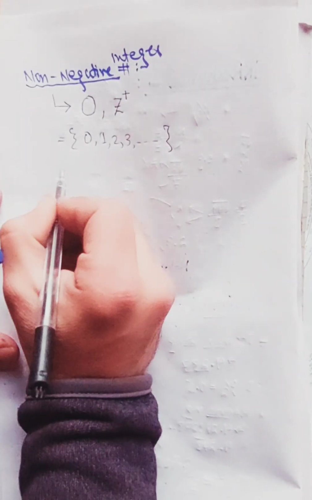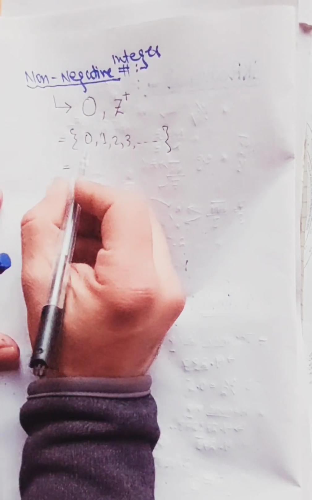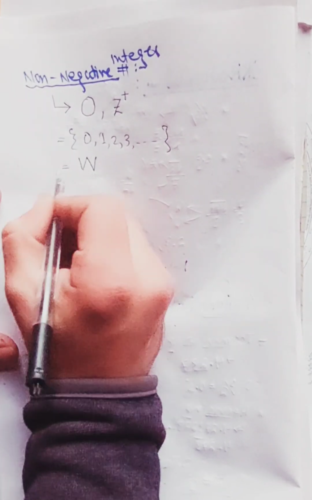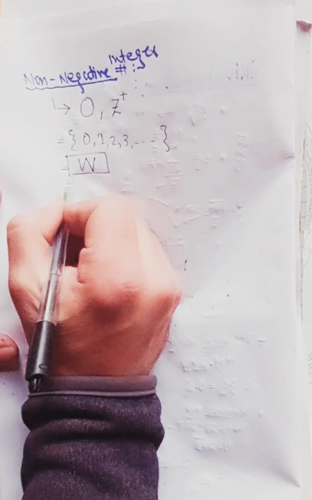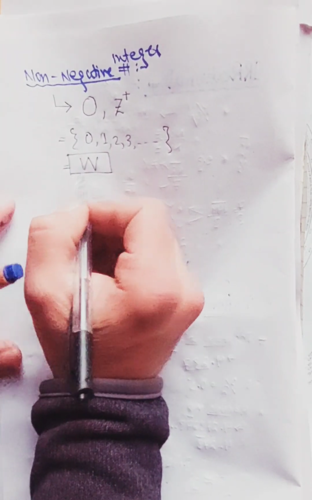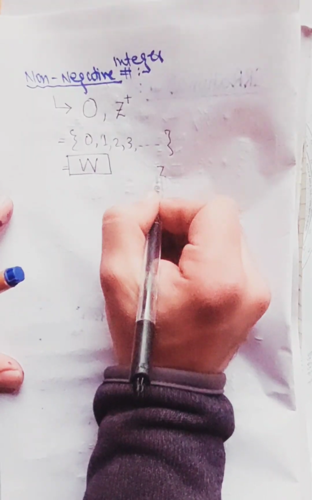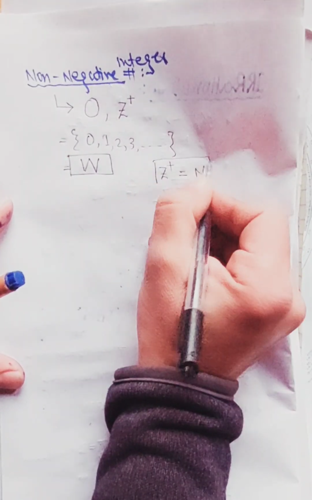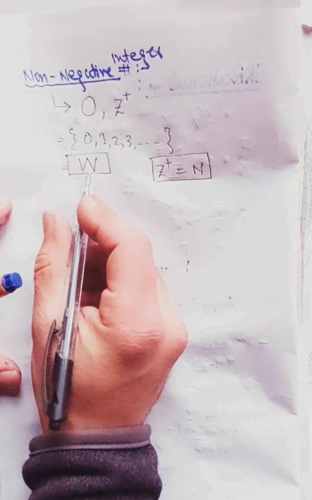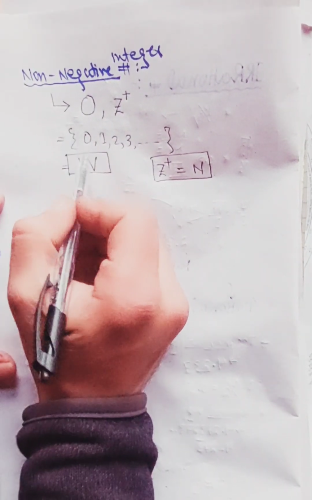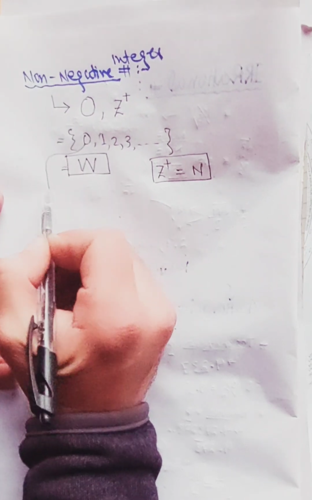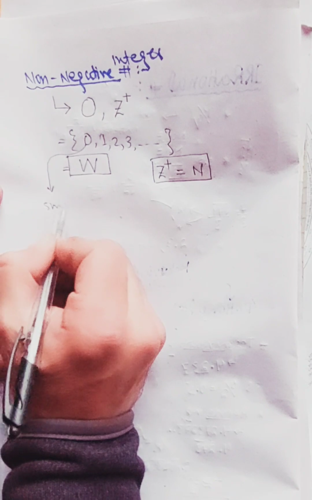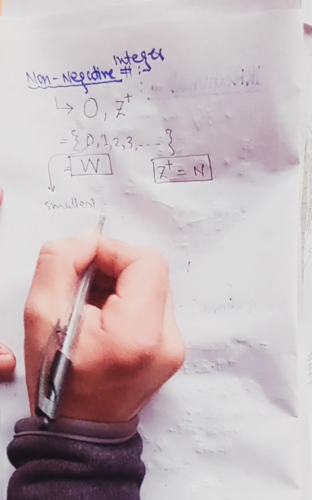So you can see non-negative integer is equal to whole number. This is very important. वह हमने ये देखा पॉजिटिव integer is equal to natural number, और ये नॉन नेगेटिव is equal to whole number. If someone asks you what is the smallest non-negative integer, it is 0.